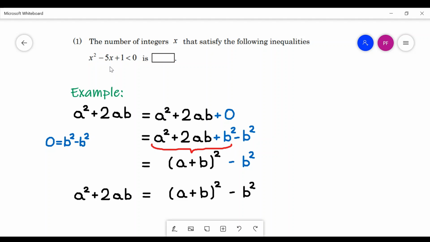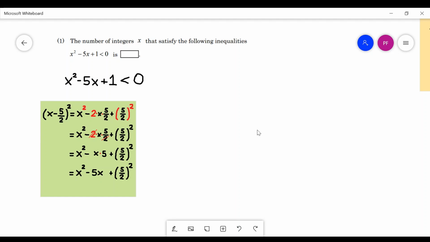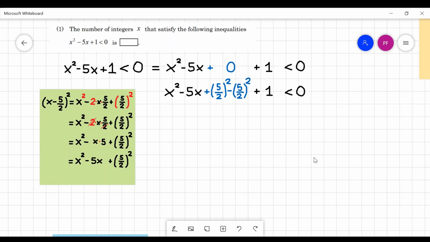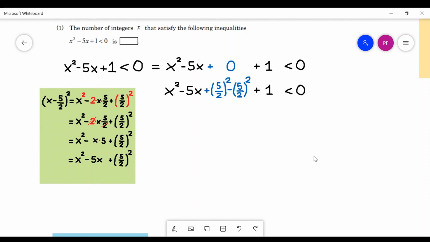Well, now let's complete the square in our inequality. So, x squared minus 5x plus 1 less than 0 is equal to x squared minus 5x plus 0 plus 1 less than 0. 0 is (5/2) squared minus (5/2) squared, to make the perfect square binomial, that is (x minus 5/2) squared.